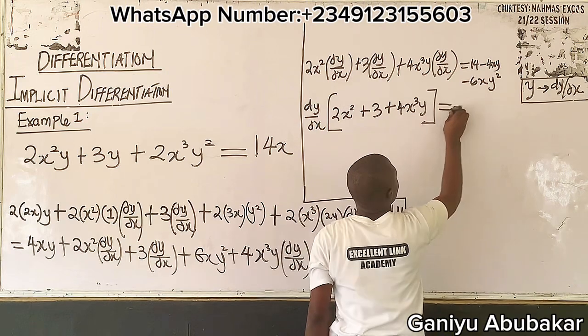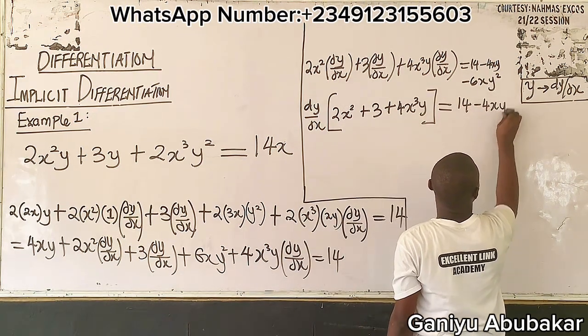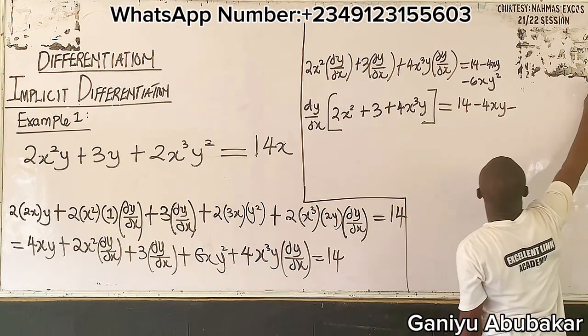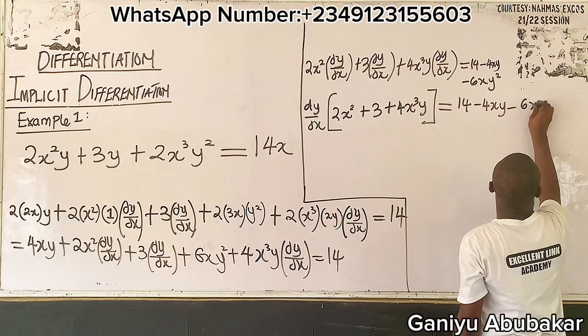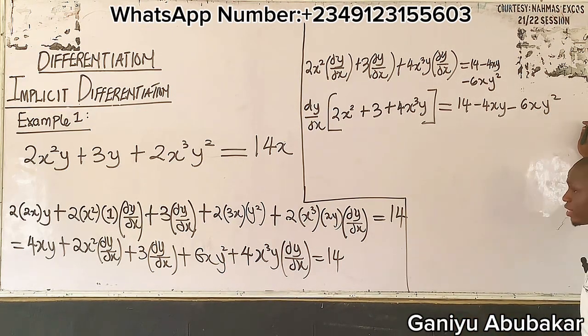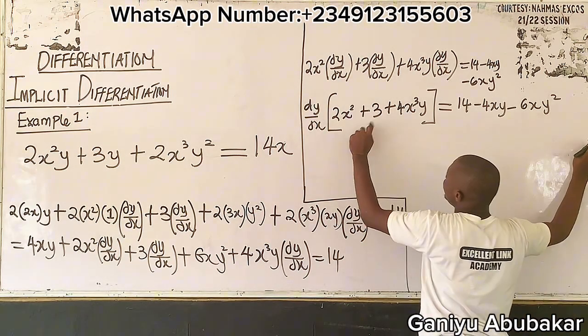So it's now equal to 14 minus 4xy, minus, I'll clean this off, minus 6xy squared. I'm looking for the dy over dx. I'm looking for this one, so I have to divide through by this.